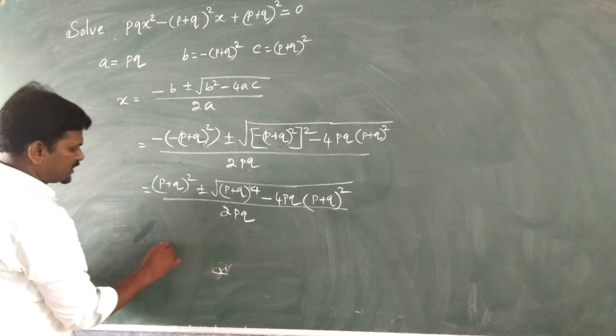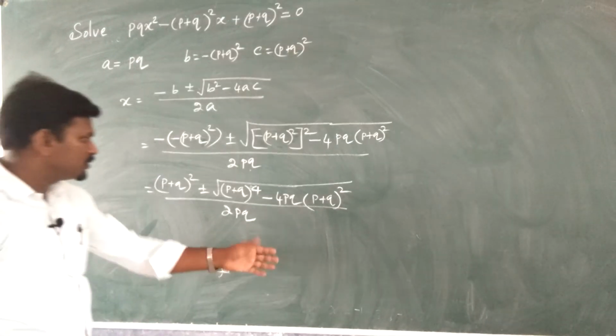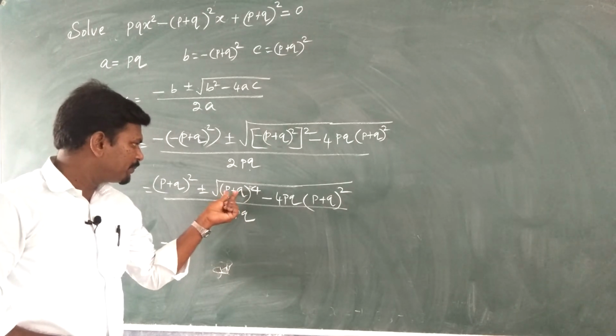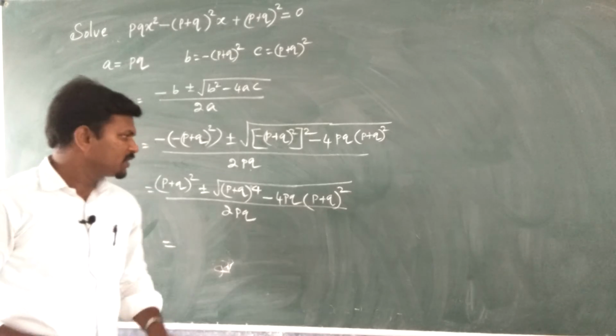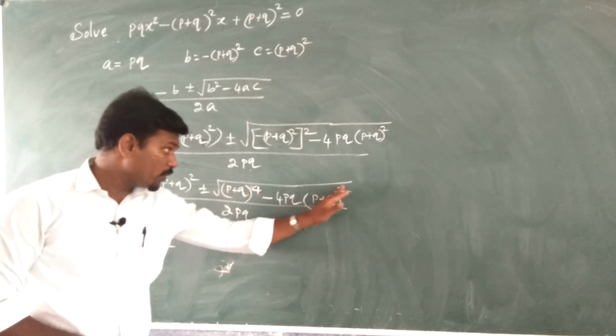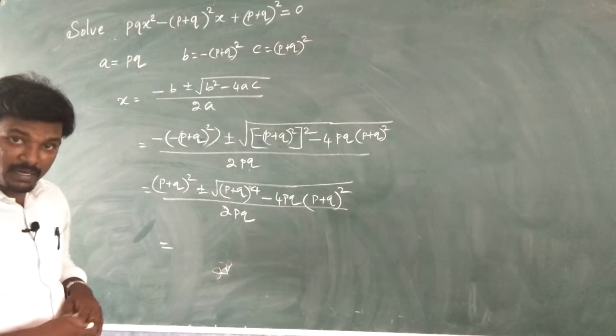Now what we are going to do here: (p plus q) whole square is there, so we can take this (p plus q) whole square as a common factor.